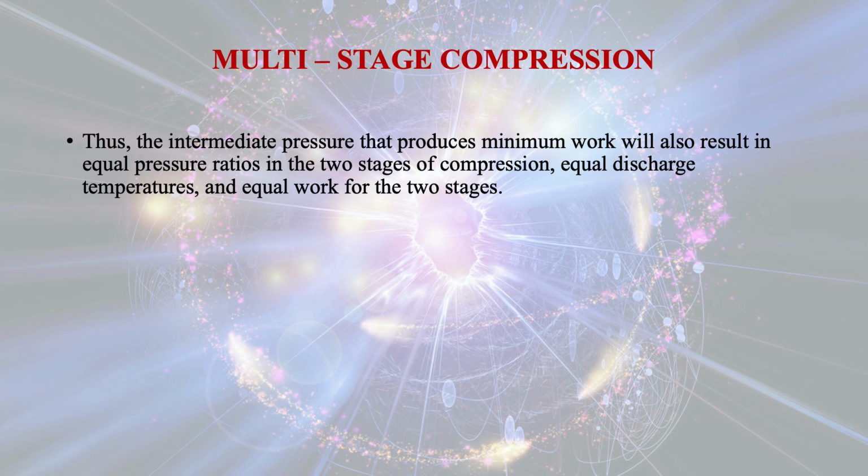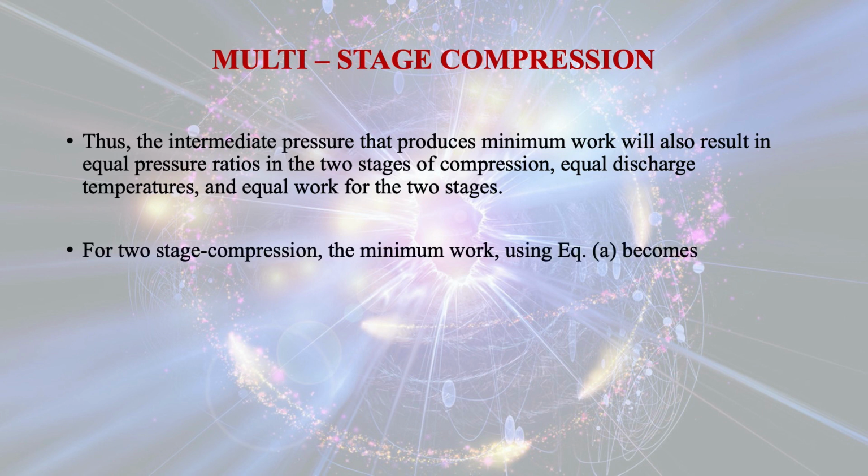So this you can get from the expressions by putting eta volume equal to 0. Thus the intermediate pressure that produces minimum work will also result in equal pressure ratio in the two stages of compression, equal discharge temperatures and equal work for the two stages.